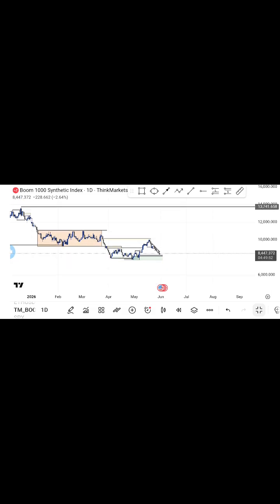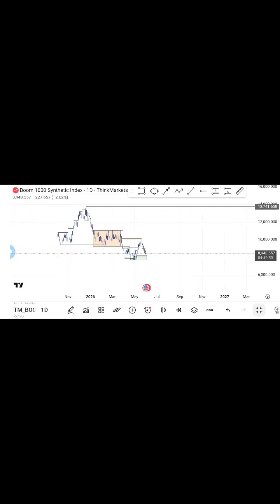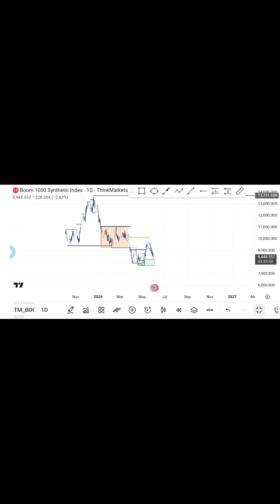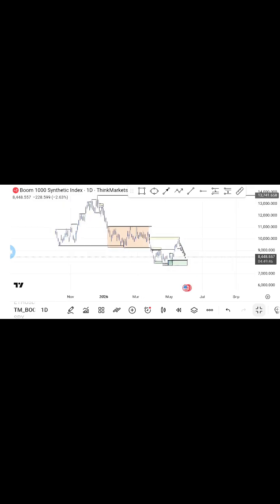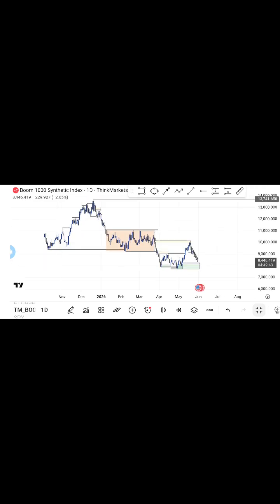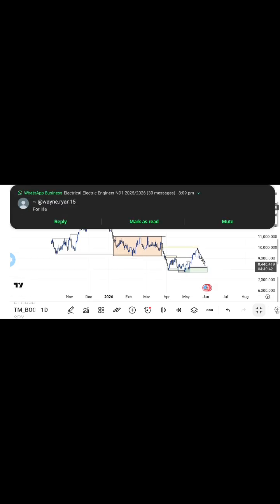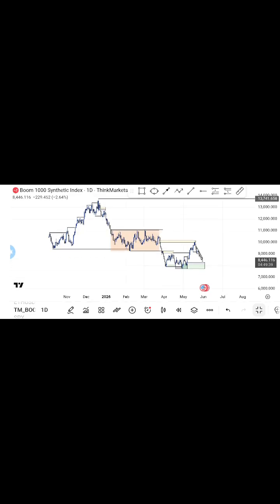From the daily time frame, the market structure is bearish, down bearish. This is the daily time frame. This was the previous high here. Then we have this break of structure.